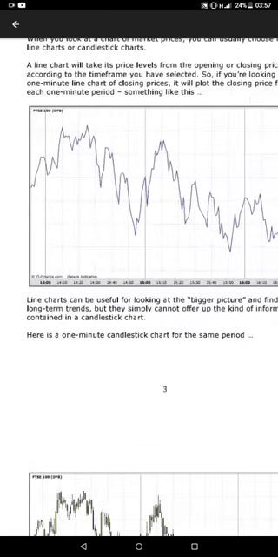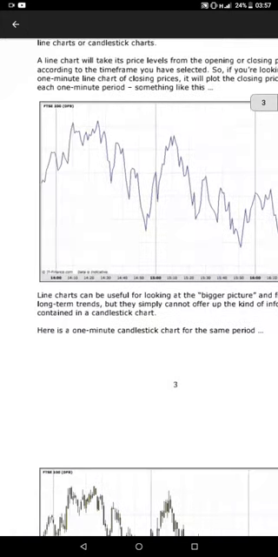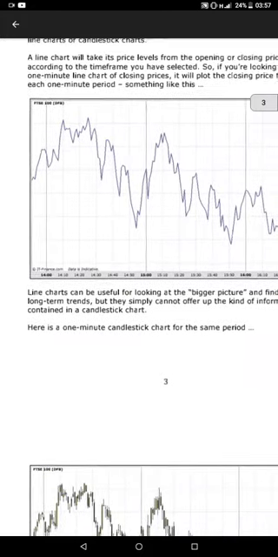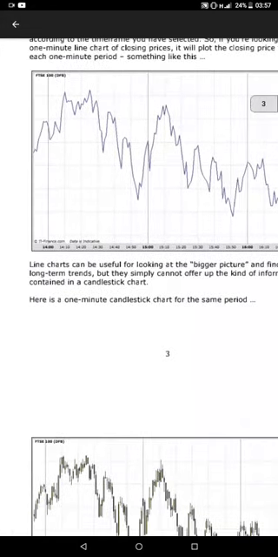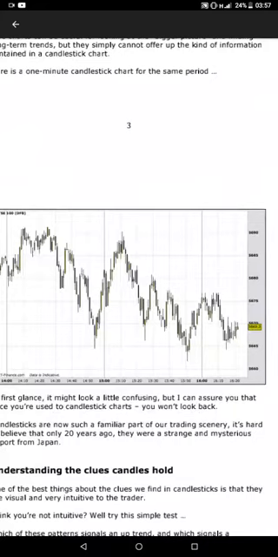Line charts can usually be useful for looking at the bigger picture and finding long-term trends, but they simply cannot offer the kind of information contained in the candlestick chart. Here is a 1 minute candlestick chart for the same period.